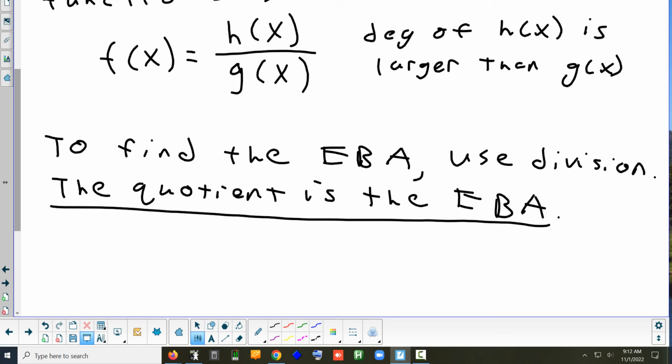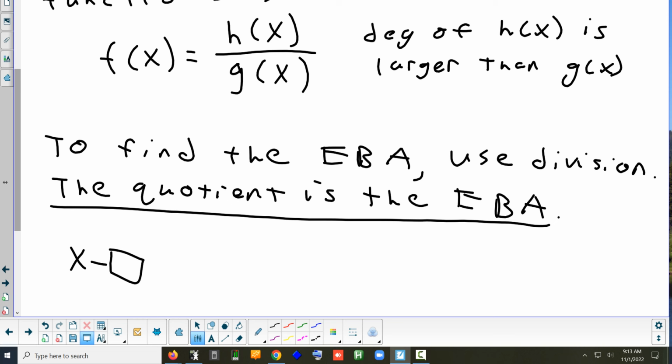So we've done division before. We never called the quotient the EBA, but that's just what we're calling it in this section. So it's nothing new. It's something you already learned how to do. Now remember, there's two types of division. We can do long division and we can do synthetic. As long as your denominator is of the form x minus a number, you can use synthetic division.